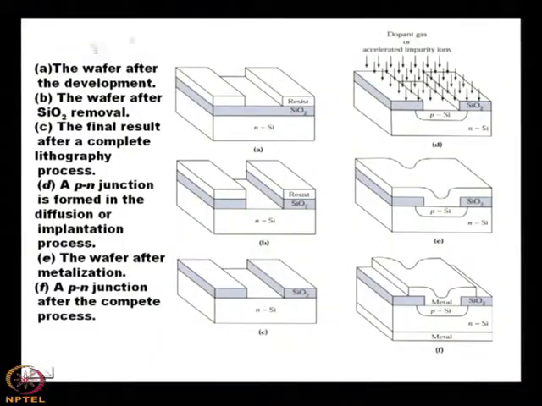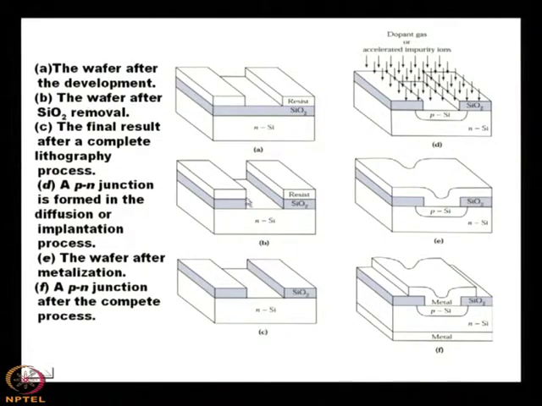So, you put the sample in a developer, it is like photography. So, this portion will go out, right. It depends on whether it is positive or negative photoresist. It is like photography.